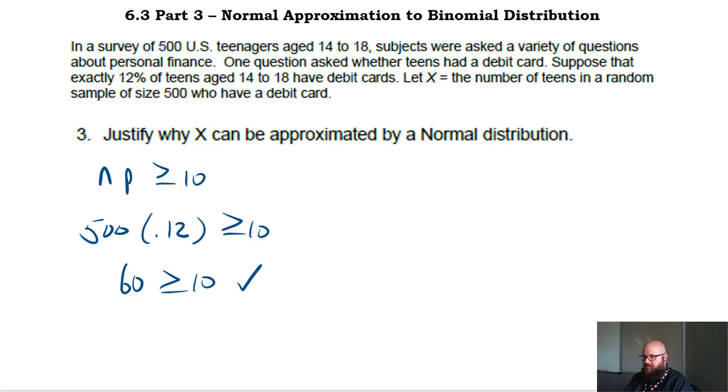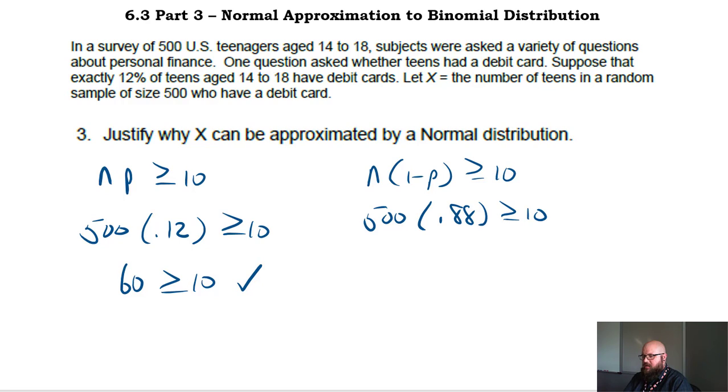So that checks off. And then you write n times 1 minus p, that's greater than or equal to 10 as well. And we got 500 times 0.88, that's greater than or equal to 10. And therefore, we should come out to 440 is greater than or equal to 10. So that checks off as well.